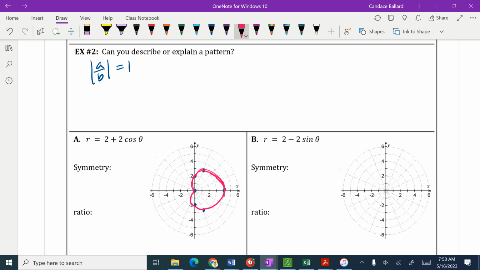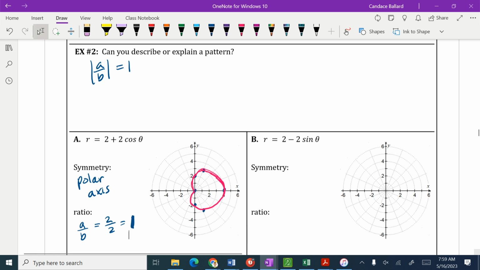Okay. Let's talk about the symmetry. So you already told me it's symmetry about the x-axis, or if we're going to be technical about this, since we're on the polar graph, we'd call it the polar axis. Our ratio that we got was that A over B equaled 2 over 2, which equals 1. Because that's going to tell us a lot. It tells us that it is what we call a cardioid.